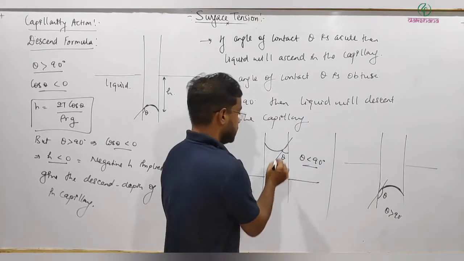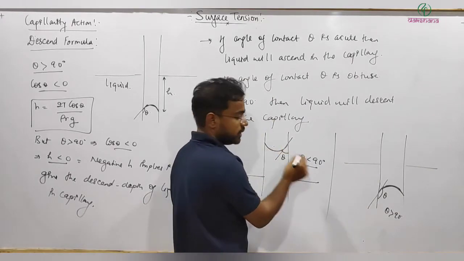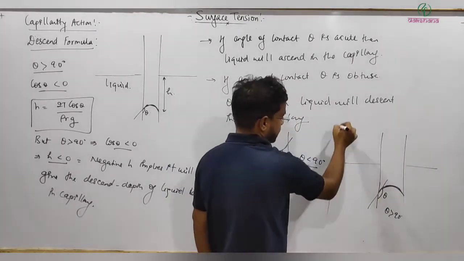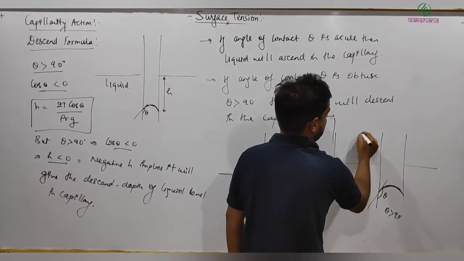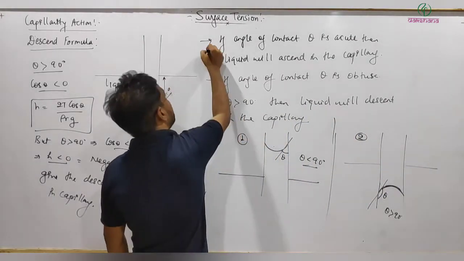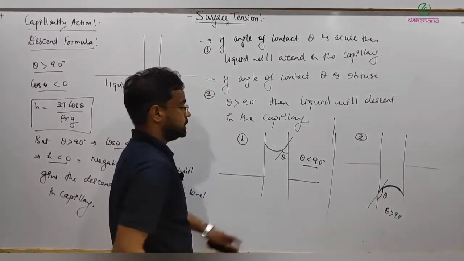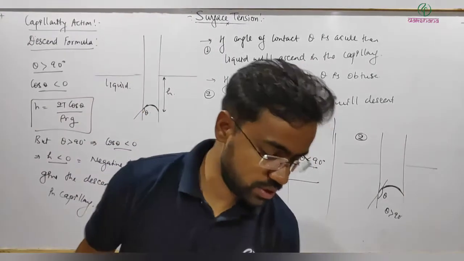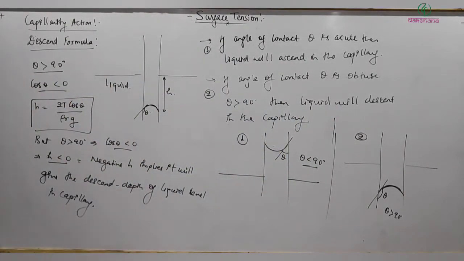So remember this: concave upward, convex upward. So this is the case for 2, this is the case for 1. This is also an important point about capillarity action. So you must be clear about all the things, why height rises and how much exactly.